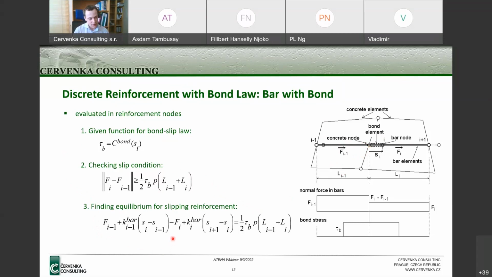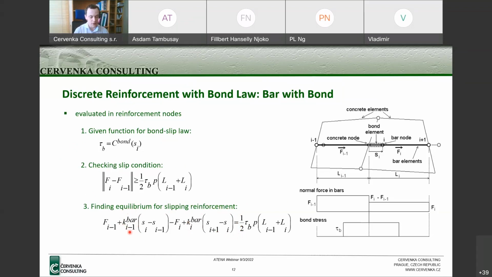For this, at this point there will be two additional parts of this equation, this part and this part. They can be seen as a kind of reinforcement relaxation due to slippage.